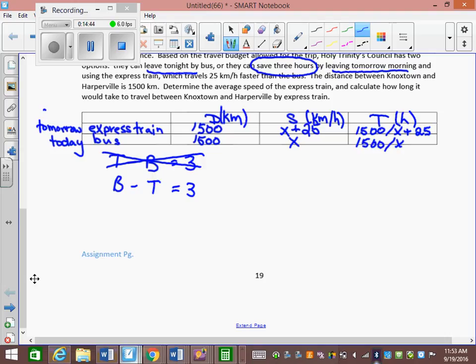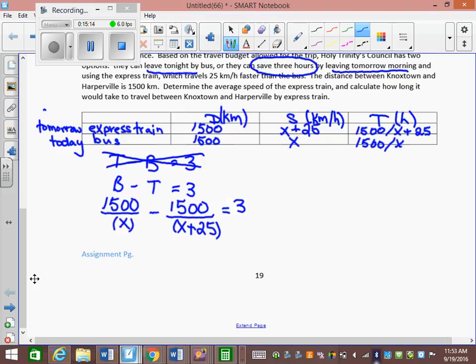Now I told you bus minus train, right? Well, bus is 1,500 over x minus train, which is 1,500 over x plus 25. I'm going to put the x plus 25 in its own bracket, and the x in its own bracket, so you don't just try and add 25 to that x, and that is not going to work.